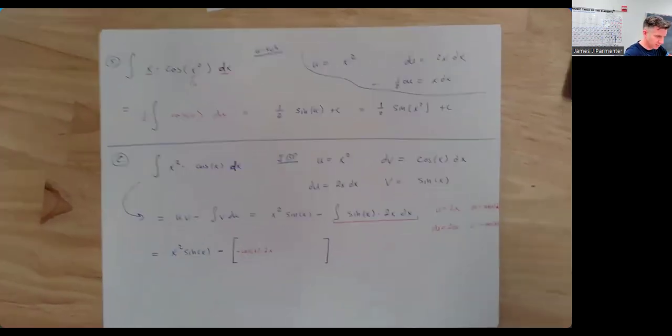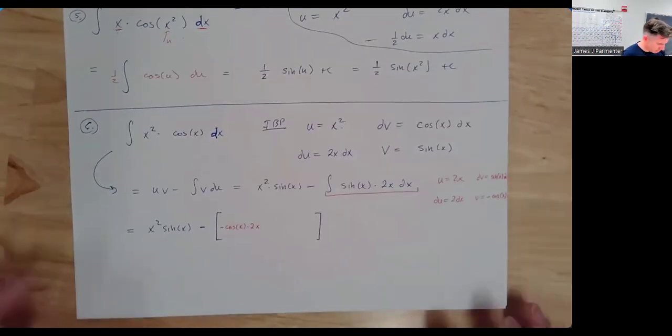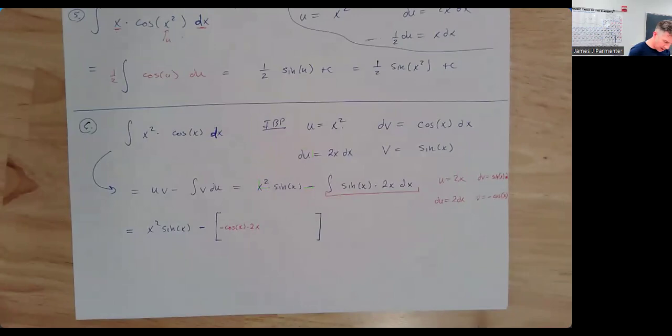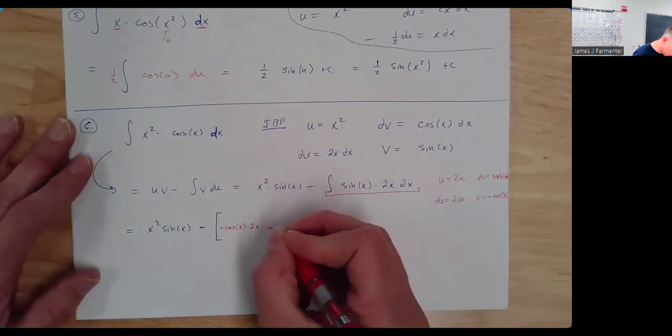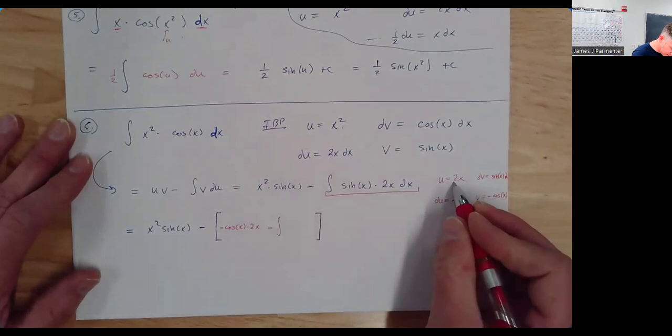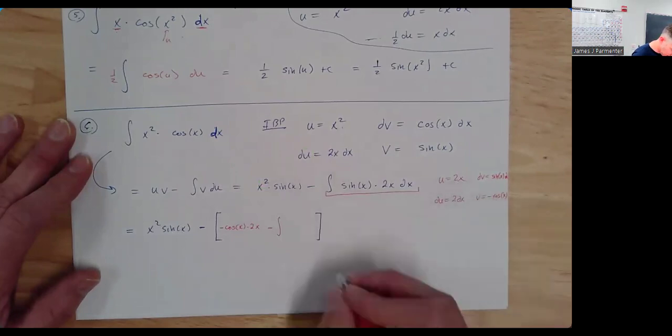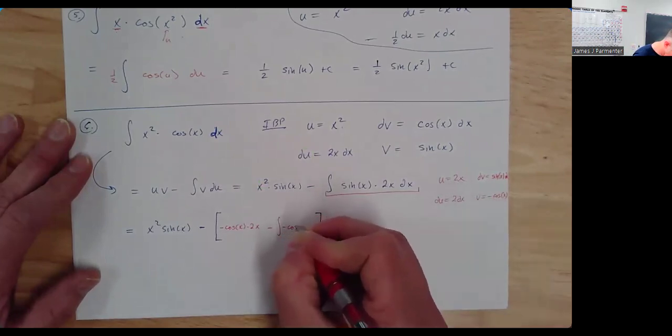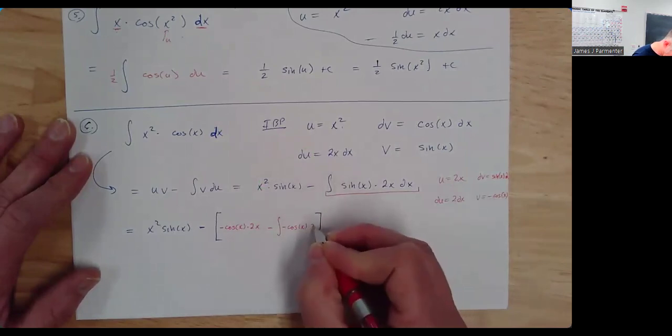Zoom in a little bit here. And then minus the integral of my v du, which is negative cosine of x times 2 dx.